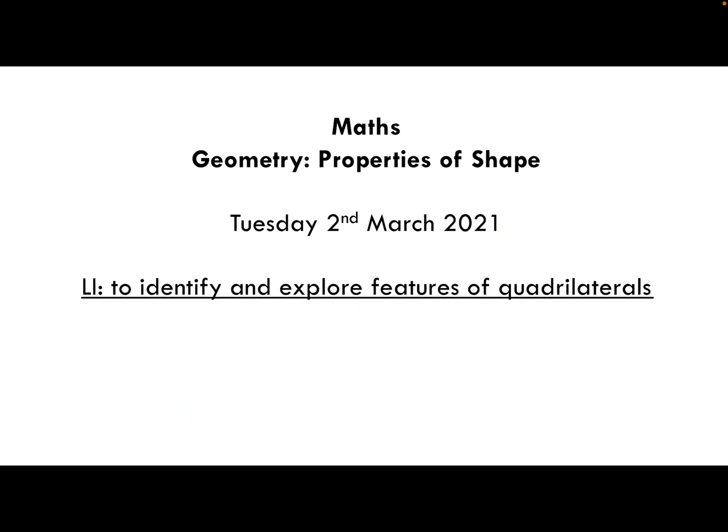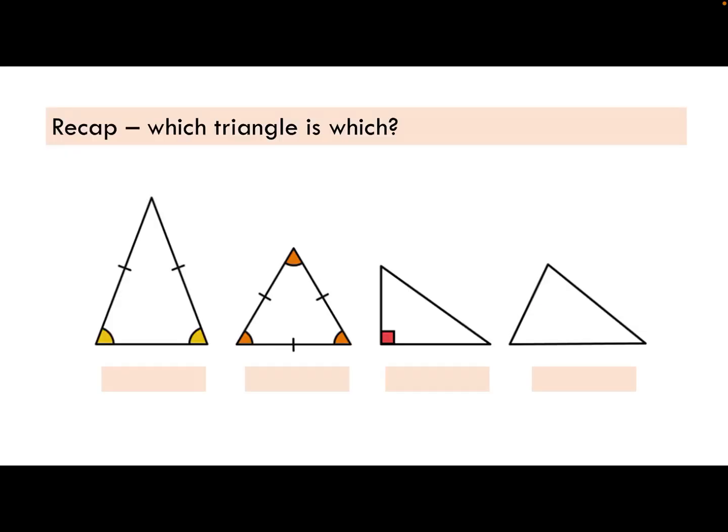So moving on to our lesson today, we're going to be continuing with properties of shape, but this time we're looking at quadrilaterals. Now if we take this quad, that gives us a little clue as to what we are going to be looking at today. So let's just recap. Each of these triangles, which one's which?